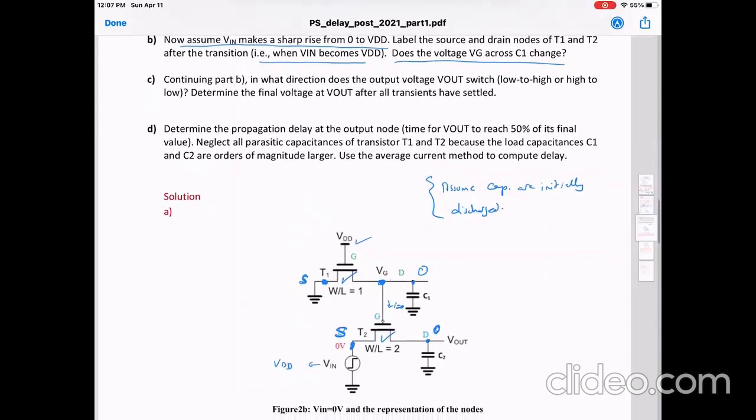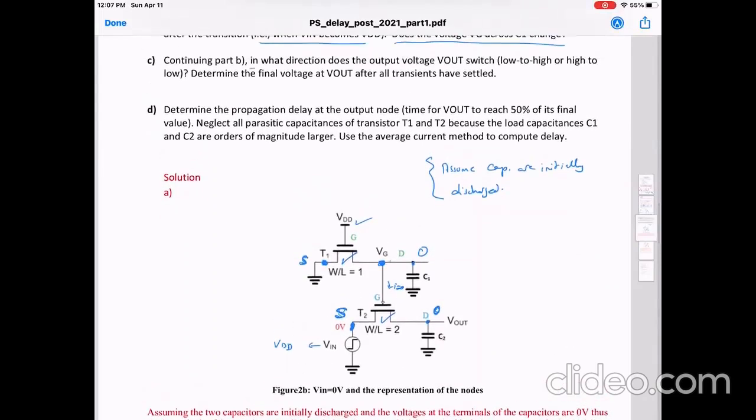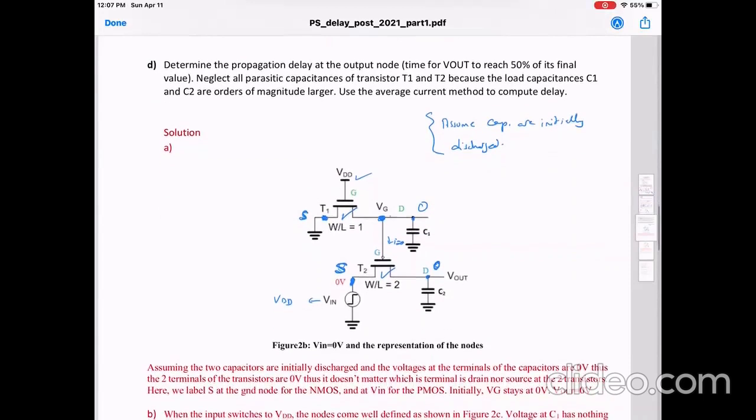Continuing part B, in what direction does the output Vout switch? Here I have a PMOS transistor whose gate is 0, it does not change, and the PMOS transistor now all of a sudden has a supply voltage which at time T1 switches to VDD.